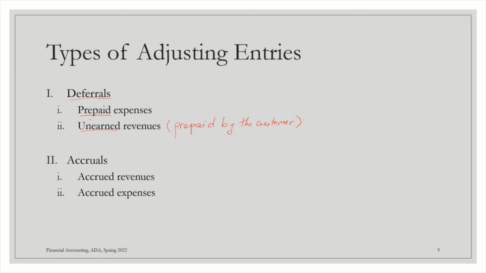So just try to remember the deferrals by the keyword prepaid. Either we have prepaid our expenses or the customer prepaid to us for services or sales that haven't happened yet. Whereas accruals are revenues that have happened but not yet been paid to us, or accrued expenses, where we have incurred the expense but haven't yet paid for it.